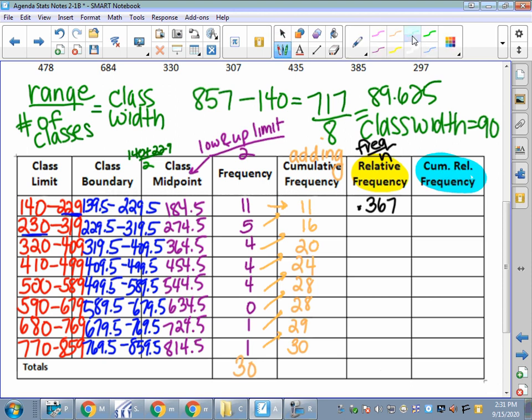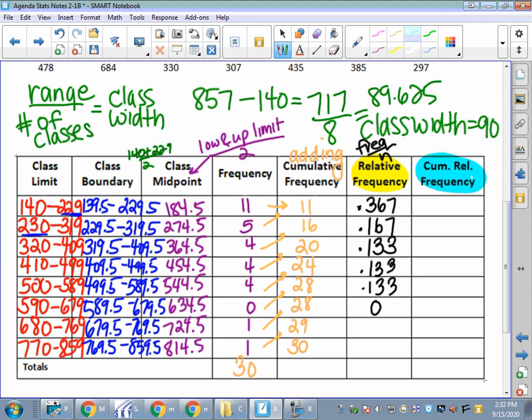So I'm going to continue on. I'm going to do 5 divided by 30. And this is a 0.167. I'm going to do 4 divided by 30. This would be a 0.133. Use your rounding rules. The only point that we're not rounding like normal, remember, is figuring out our class width. Always round up. So I keep going on. This would be a 0.133, 0.133.